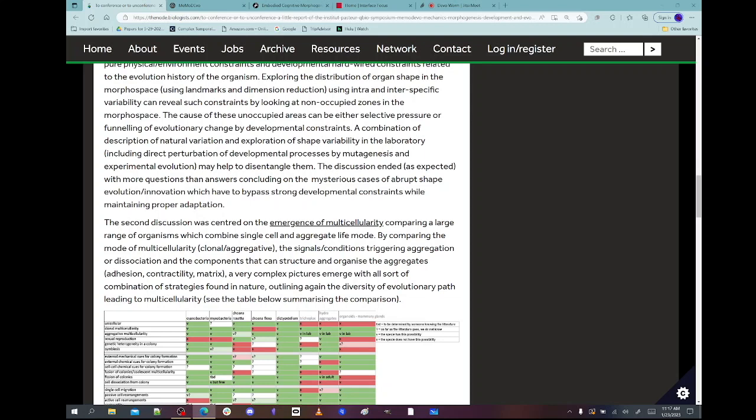So all these things play a role in forming these aggregates, and we talk about them with respect to cell, more changes in cell morphology, and even some of the tensegrity stuff we'll talk about today. A very complex picture emerges with all sorts of combinations of strategies found in nature, outlining again the diversity of evolutionary paths leading to multicellularity.